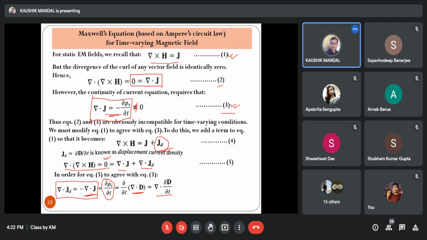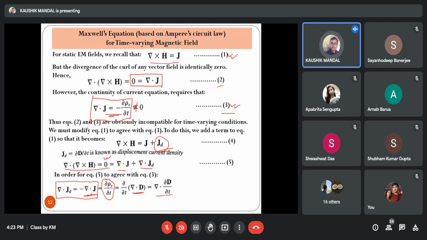So to make these equations 2 and 3 compatible, where one is for the static field and another is for the time varying field, we have added one extra term to the Maxwell's equations, that is curl H equals J plus JD, where JD is the displacement current density.